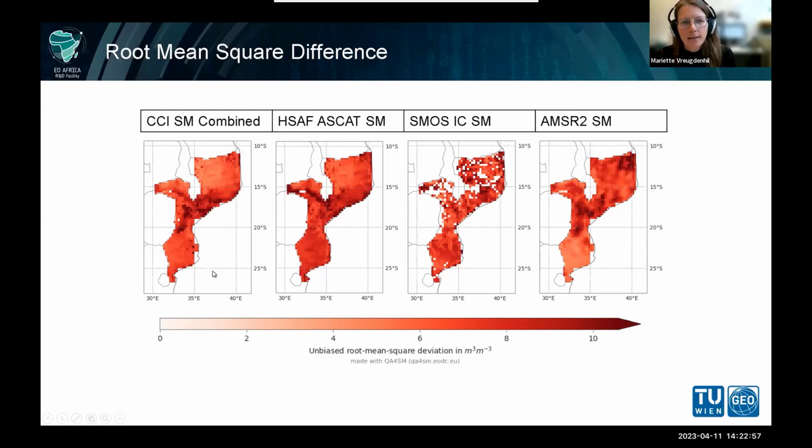And here we can see in which regions the retrievals perform better or perform worse. What we can see is that we see the highest deviations between the reference data set and the satellites here in the center, basically, of Mozambique. And the pattern is relatively similar for most of the products, except for SMOS and AMSR, which show a little bit higher deviations in the north.